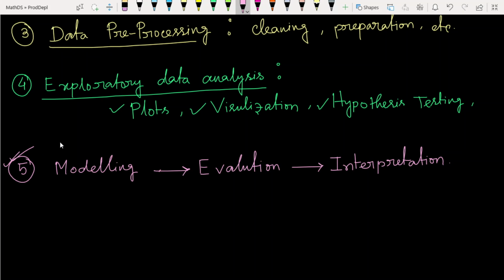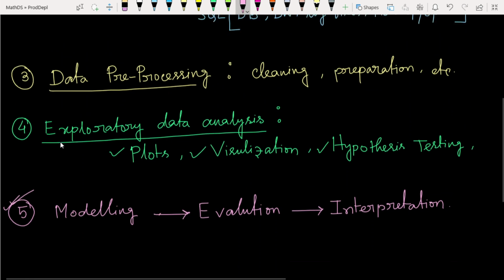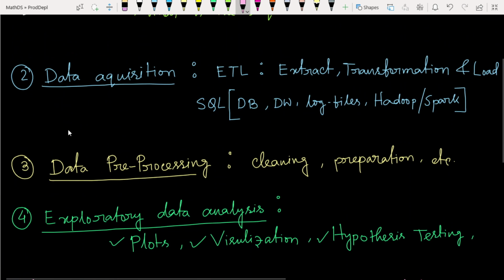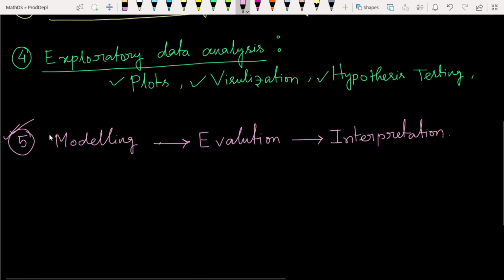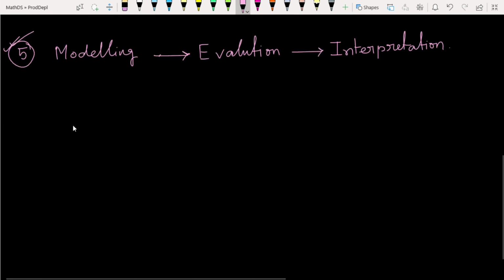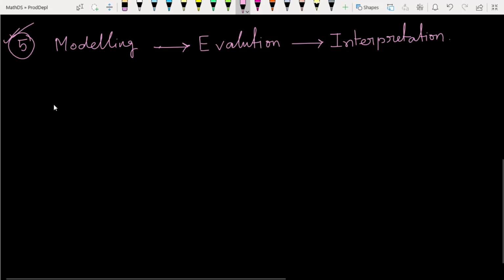But that is not a sign of good machine learning. If you are a machine learning engineer or data scientist, you have to know all the steps, not only these. So in the fifth step, we have to do this job.